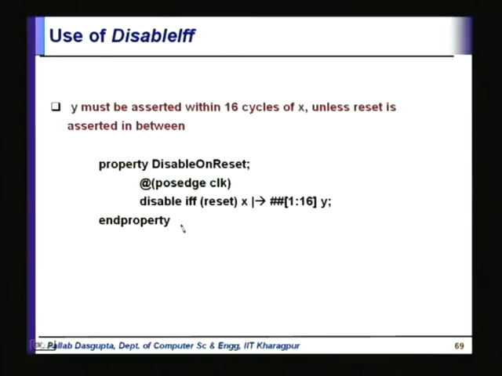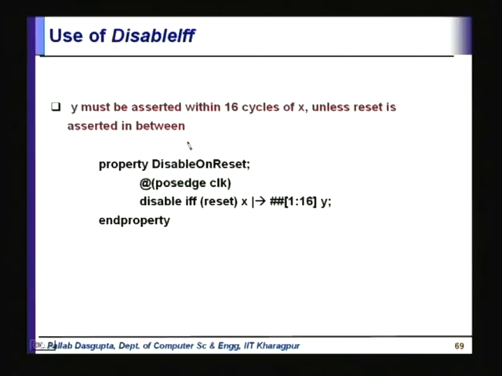There is another interesting construct which is used quite often, which is called disable iff. Suppose we want to express this property: y must be asserted within 16 cycles of x unless reset is asserted in between.